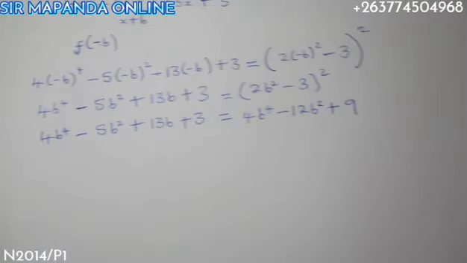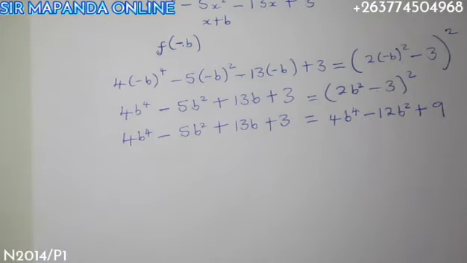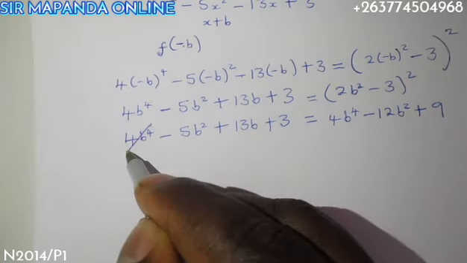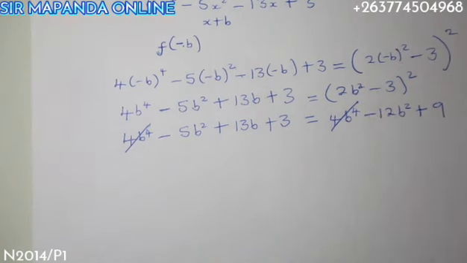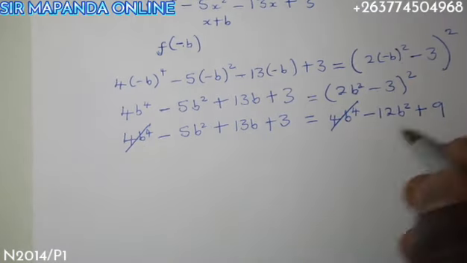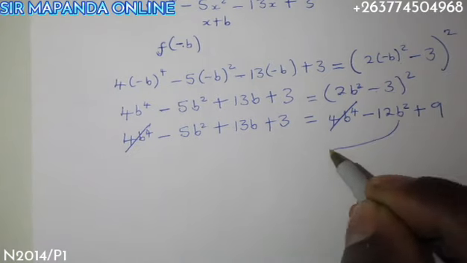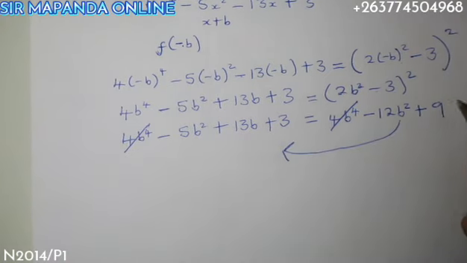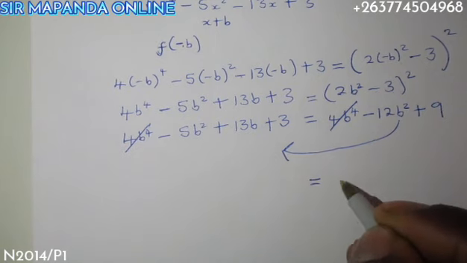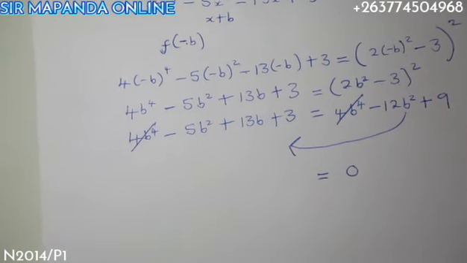Right. So what happens is equal terms appearing on both sides cancel each other off, meaning 4b⁴ and 4b⁴ cancel. Then I'm going to move −12b² and +9 to the left, so that the right side remains with 0.